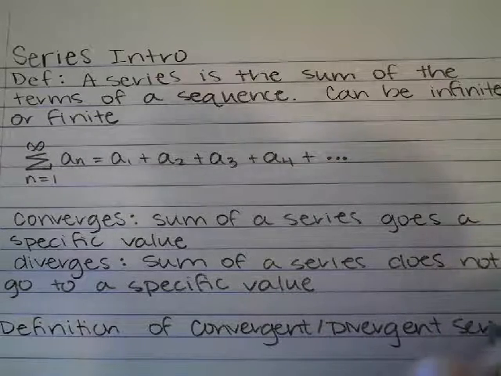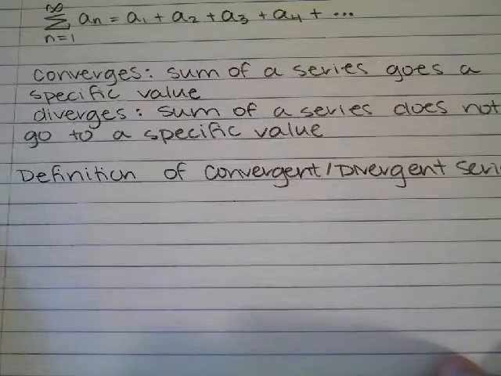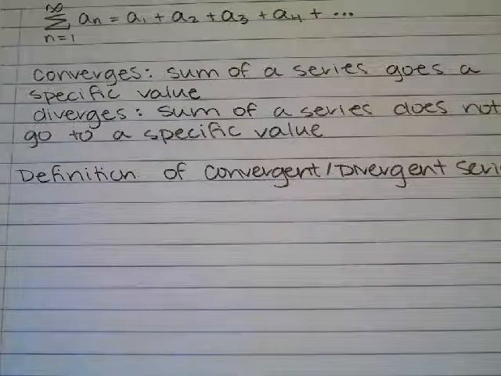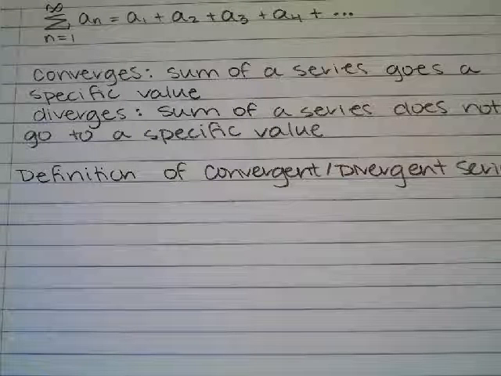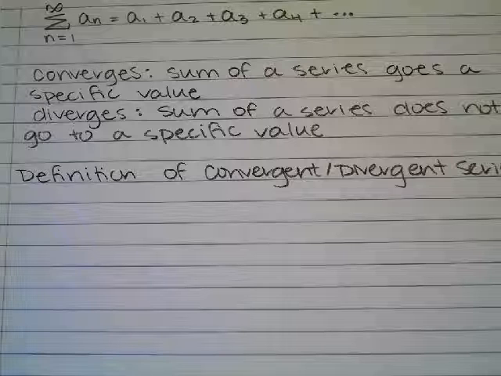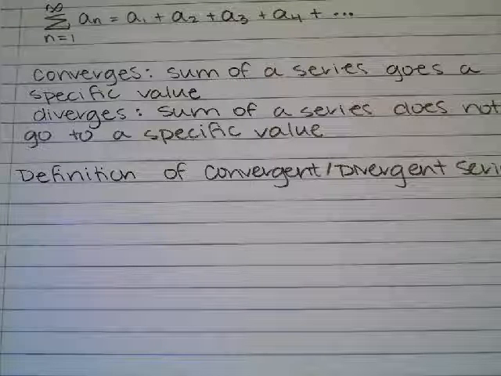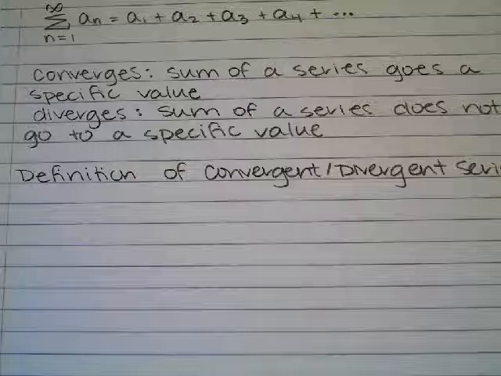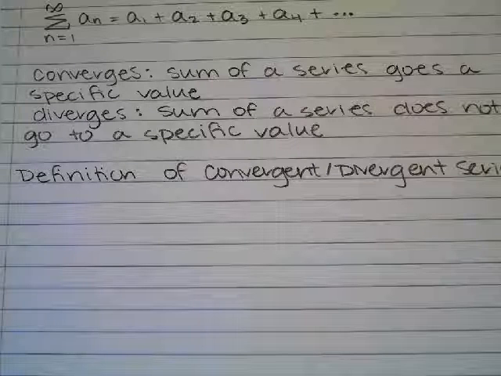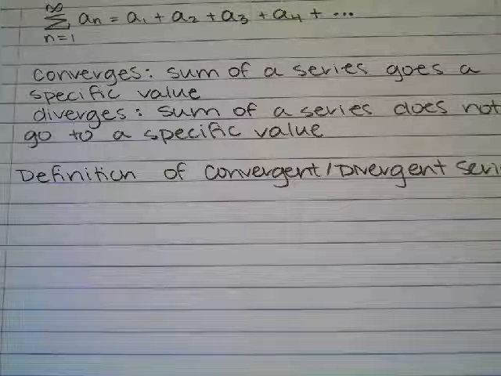This is basically what we're going to spend this whole unit studying: what the different types of series are, what the different types of patterns are, and how to tell if they are convergent or divergent. That's why this is an introduction, we're just understanding what these terms mean. Once we get into the rest of the unit, we'll study the different types of series, how those patterns work, and how we tell.